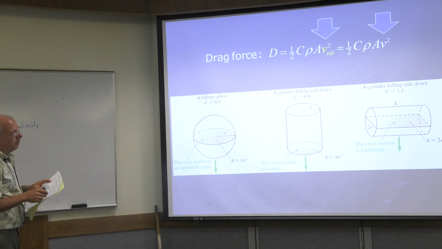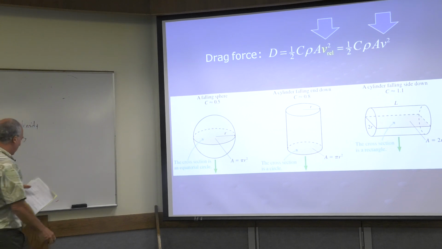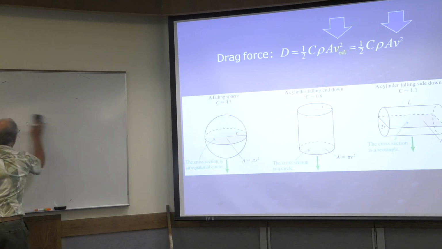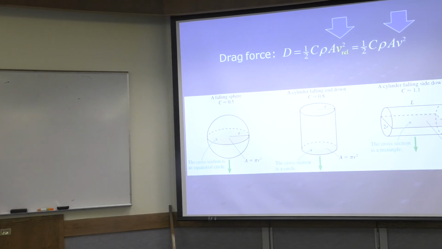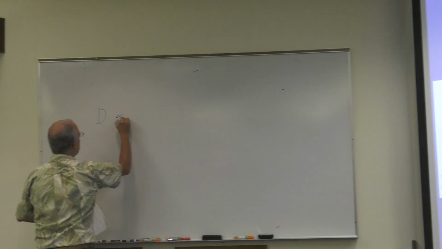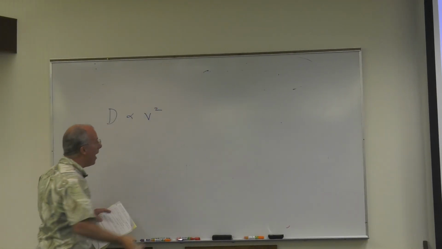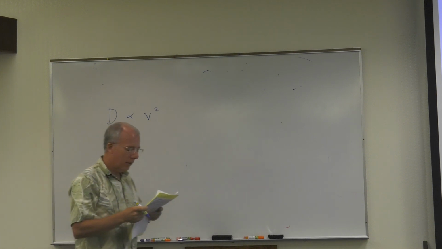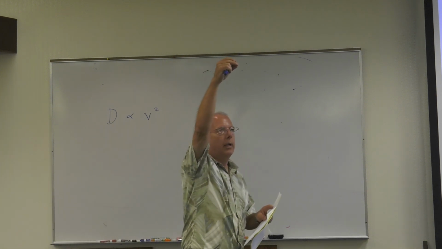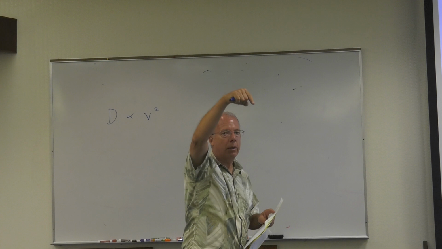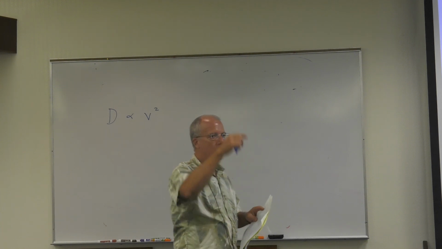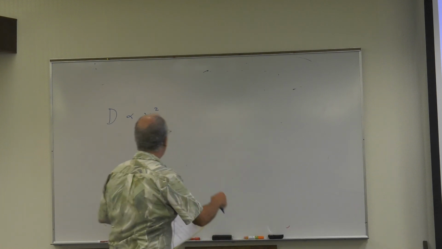Okay, let's get back to the rain. Look at that equation. Basically, it says that the drag is proportional to the velocity squared. Think of a raindrop. Gravity is pulling it down, drag is going this way, gravity is going that way. It's going to be going pretty fast.